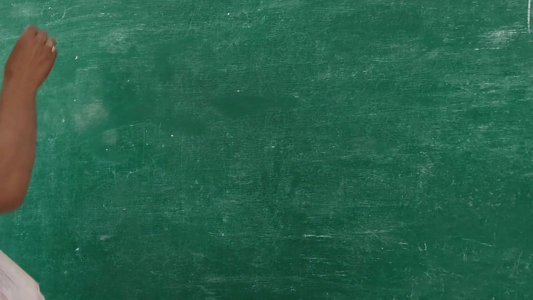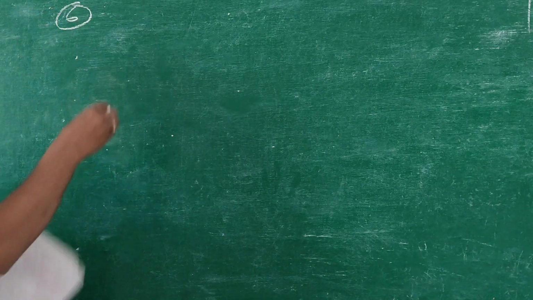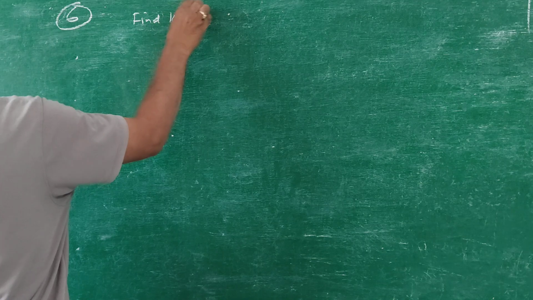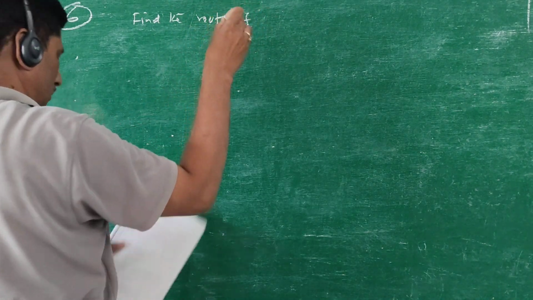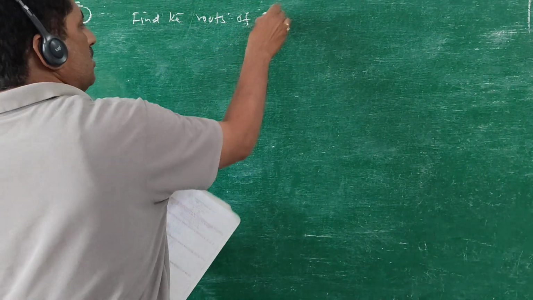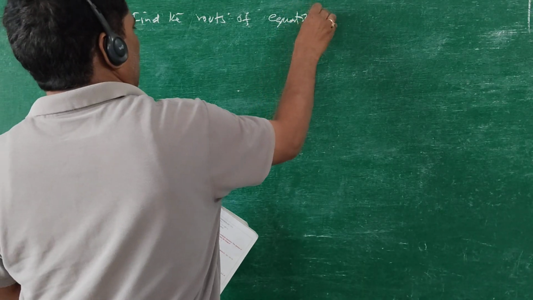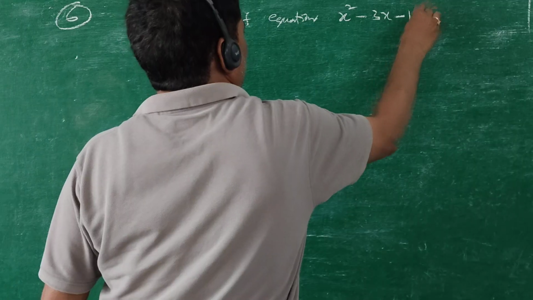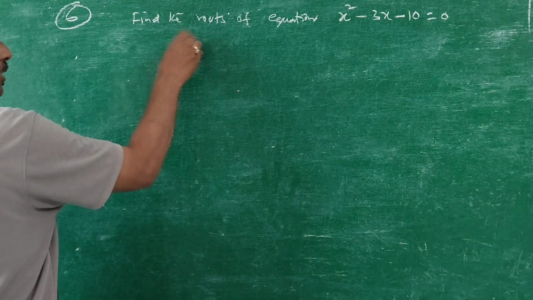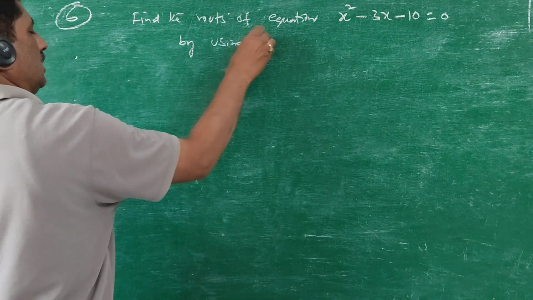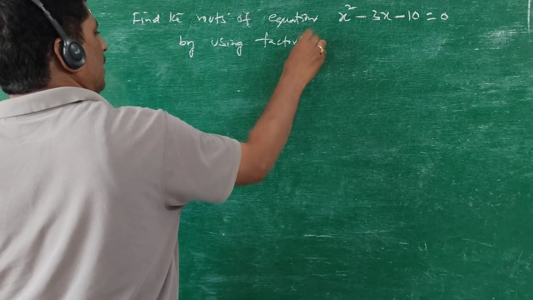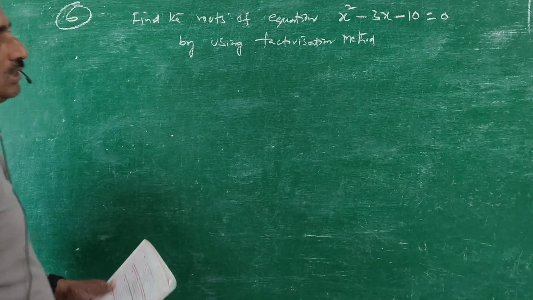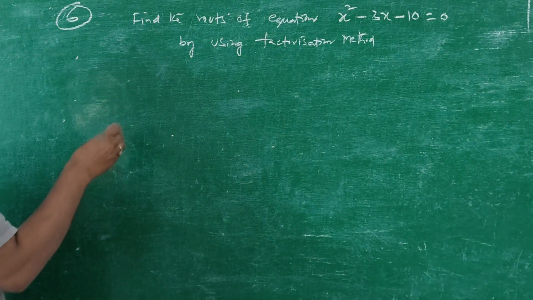The question is, find the roots of the equation x square minus 3x minus 10 equals 0 by using the factorization method. By the factorization method, we have to find the roots of this quadratic equation.